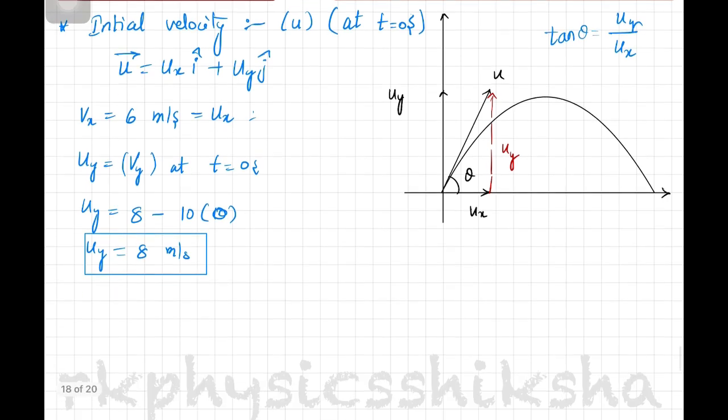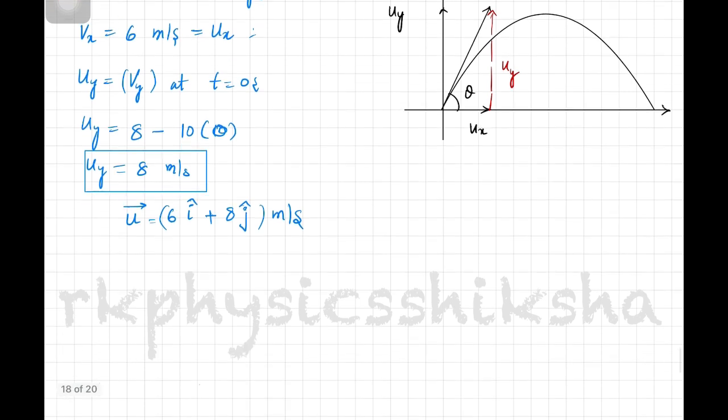So the initial velocity will be u bar equal to 6 i cap plus 8 j cap meter per second. The magnitude of initial velocity u is equal to root of ux square plus uy square, because they are perpendicular to each other.